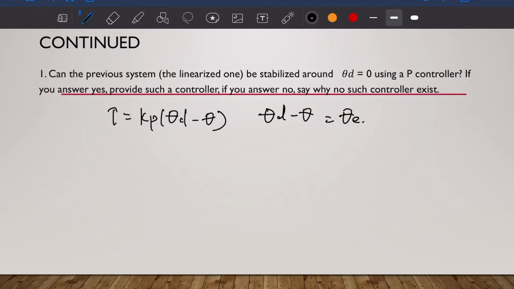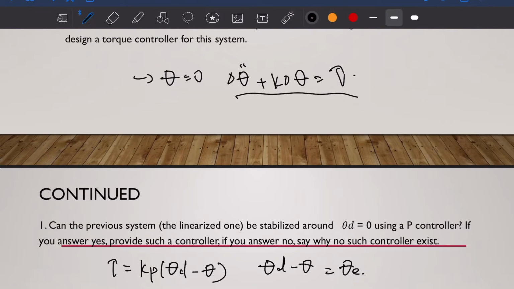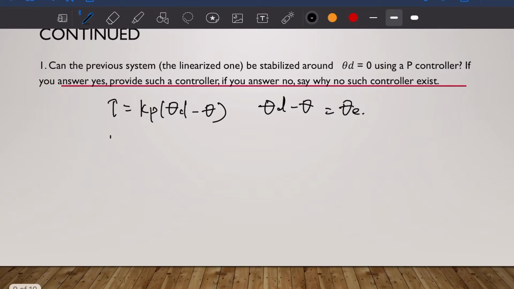Then we have our linearized system written down like this. I'll write it down right here: theta dot plus k theta equals to tau, and actually tau equals to Kp theta e.